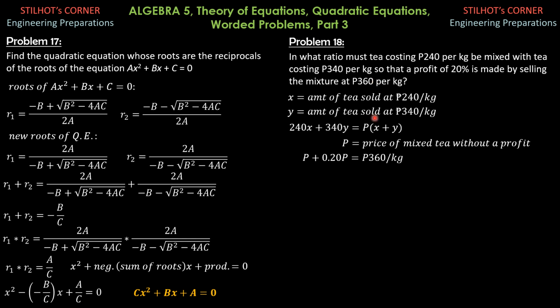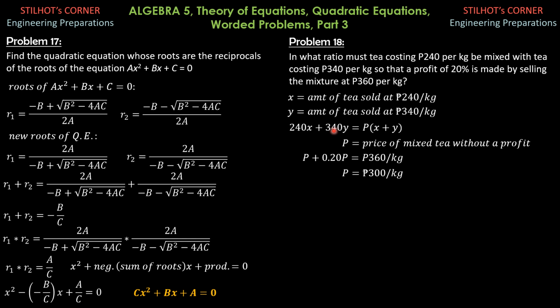So P plus 0.2 of P, or 20% of P, equals 360 pesos per kilogram. Solving for the price of the mixed tea without a profit, P is equal to 300 pesos per kilogram.